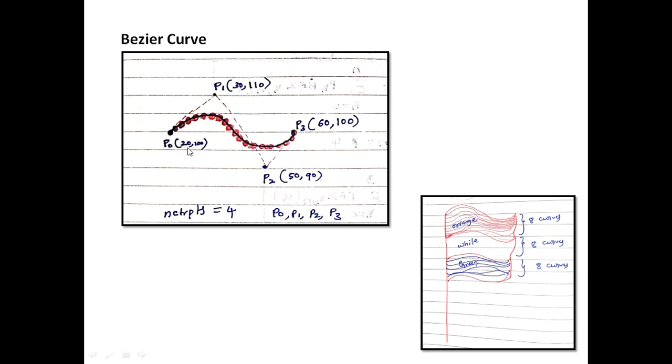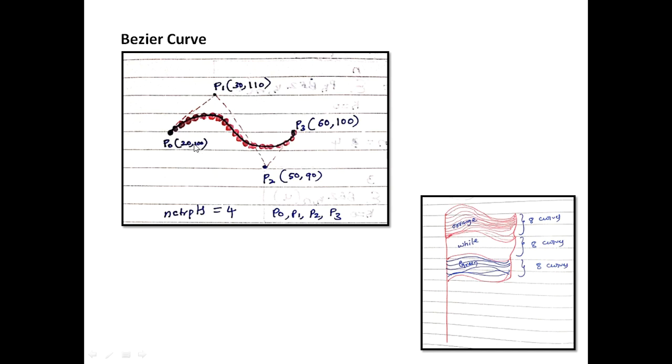Observe the x-axis and y-axis values. The second control point increments 10 pixels with respect to the x-axis, so I get 30. So the second control point P1 is at 30, 110.